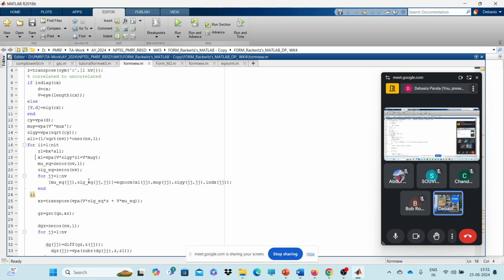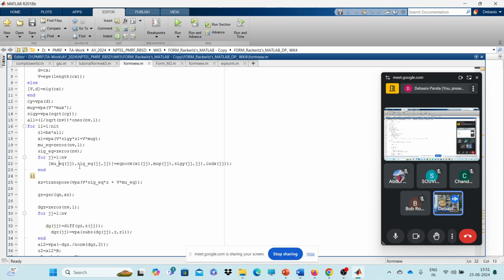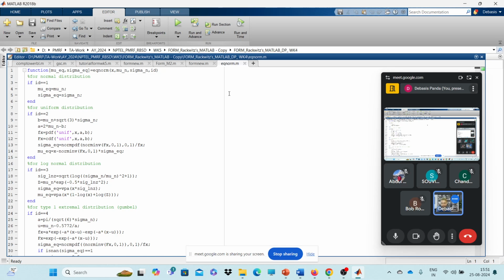So here the equivalent normalization is done, mu equivalent and sigma equivalent. Initially I told you that the index is used for identifying the random variable. Here I give mu x and sigma x and call one function file which I named equinorm. It does the equivalent normalization based on the parameters of that random variable, mu and sigma, and id.